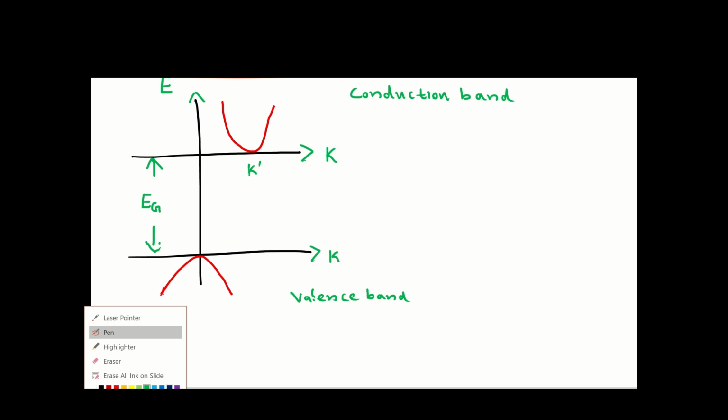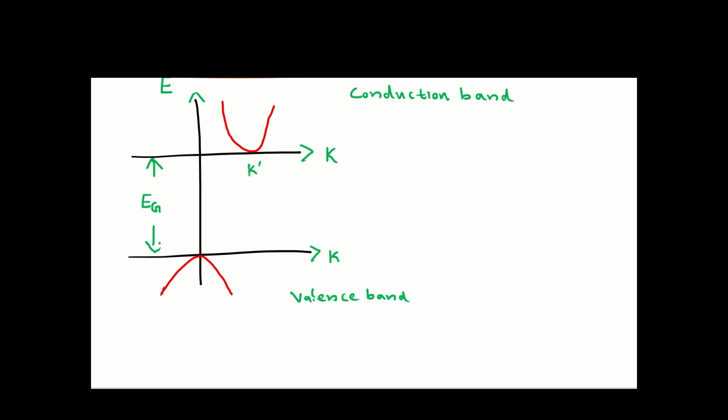X-axis is momentum represented by K, and the y-axis is kinetic energy represented by E. The energy difference between conduction band and valence band is denoted by energy band gap Eg. So look onto this diagram.